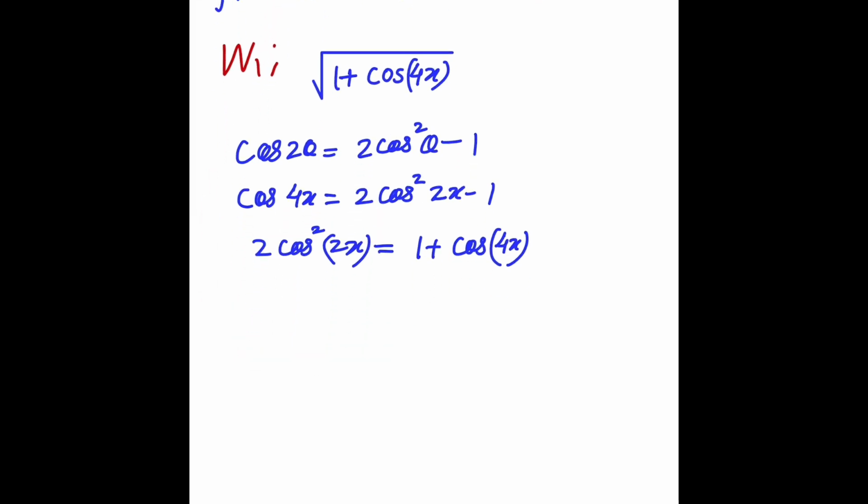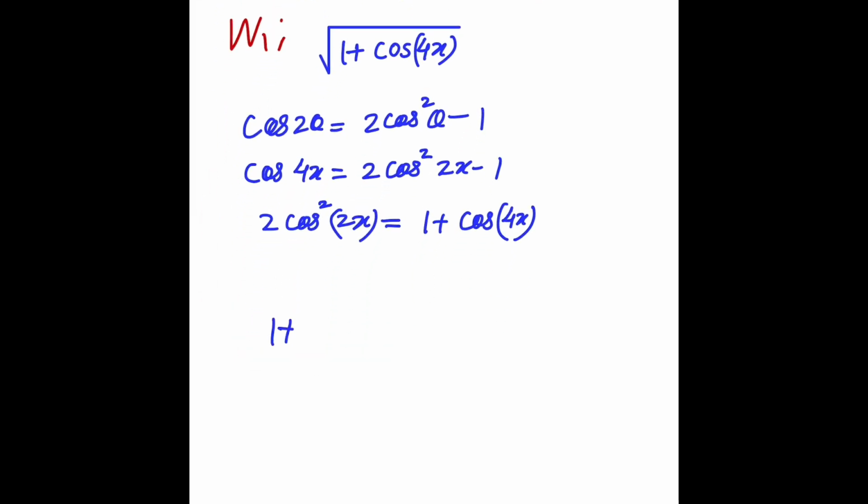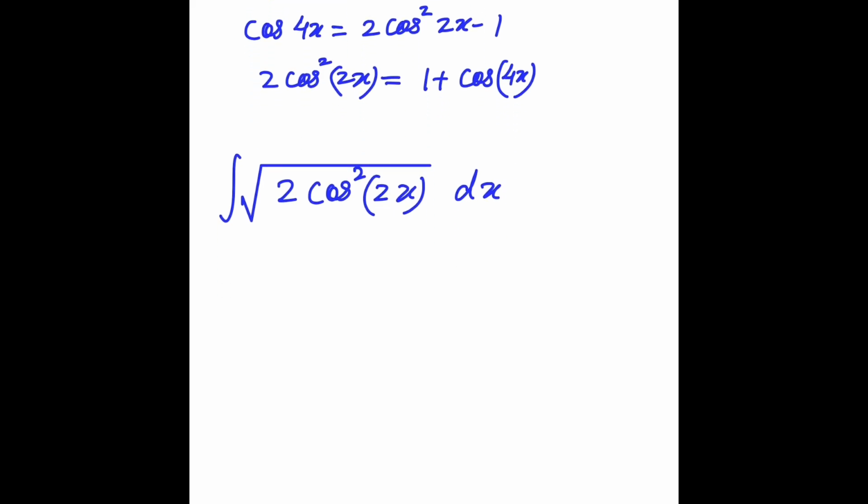So to rewrite this, under root 2 cos squared 2x d of x. We can rewrite this as under root 2 cos squared 2x and then d of x.